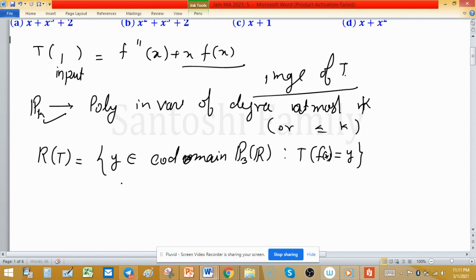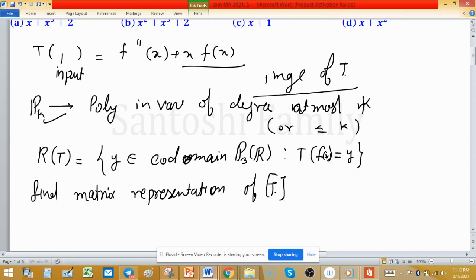This is the range set of T. Now find the matrix representation of T from beta 1 to beta 2.